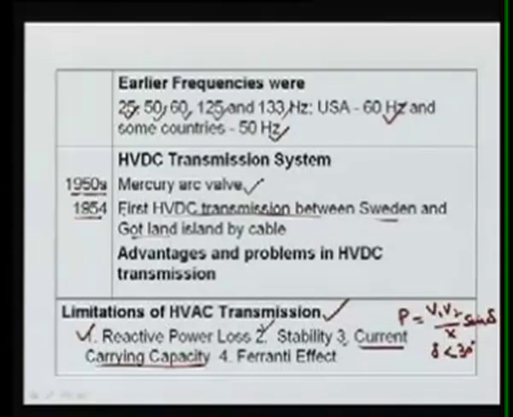Another concern in the HVAC transmission system is the Ferranti effect. The Ferranti effect is when the receiving end voltage at no load or light load is more than your sending end voltage. So what we do is normally go for compensating devices, and if the line is very long, we use line reactors in the transmission system so that we can reduce the voltage at the receiving end.